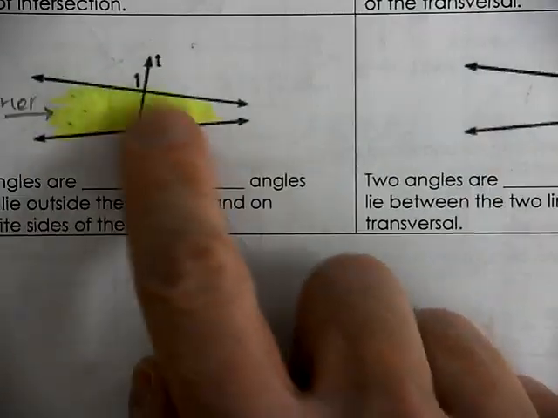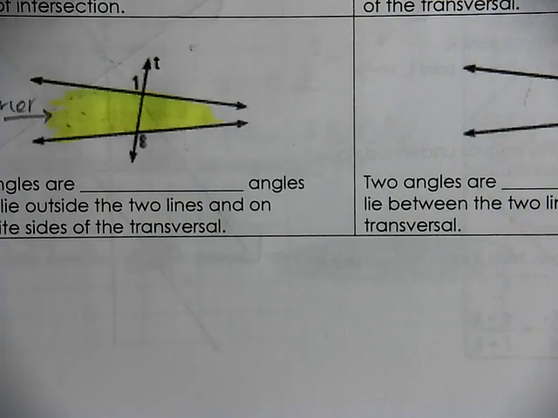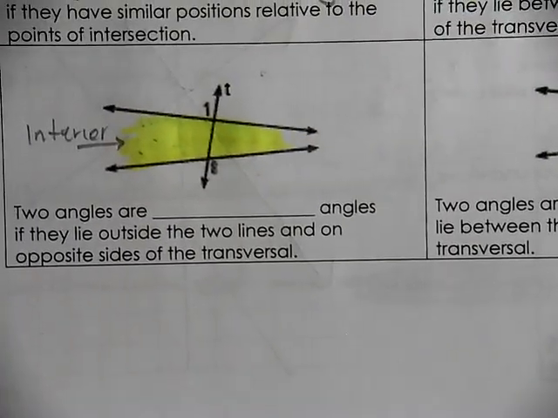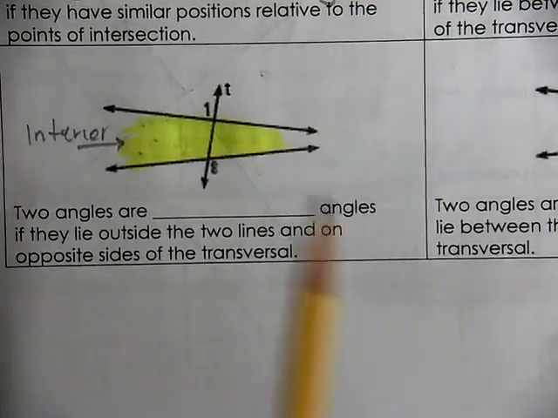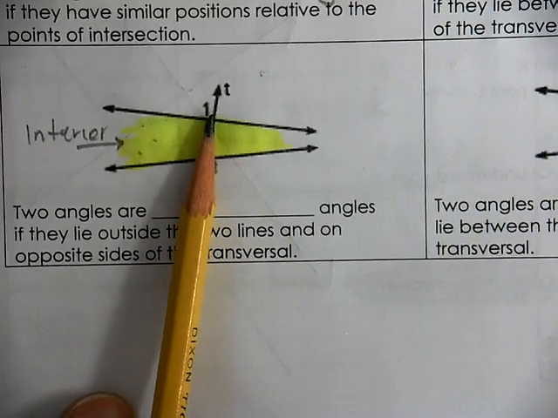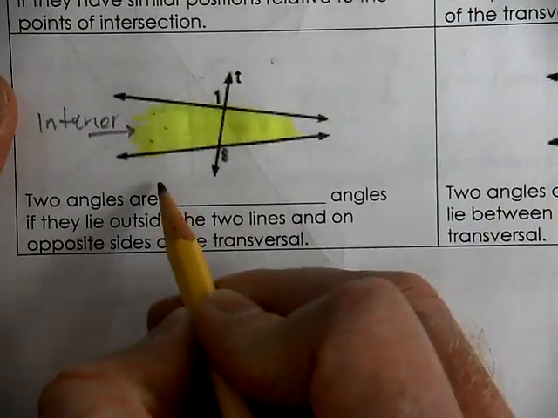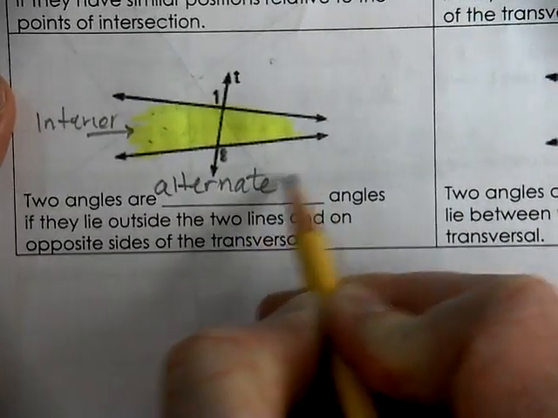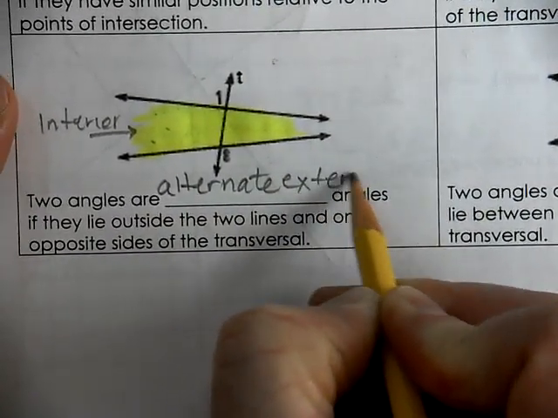So what are we going to call 1 and 8? Those are exterior. Now let's talk about their location. Are they on opposite sides of the transversal? Yes. So we call those alternate exterior.